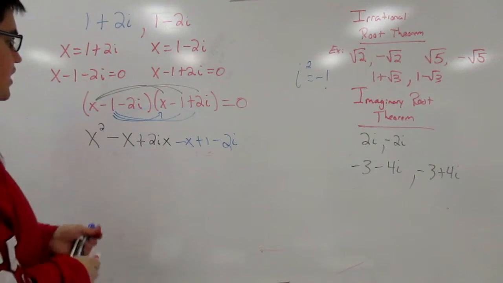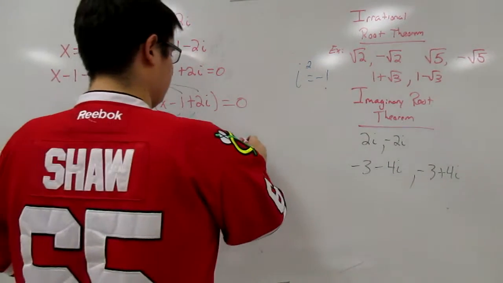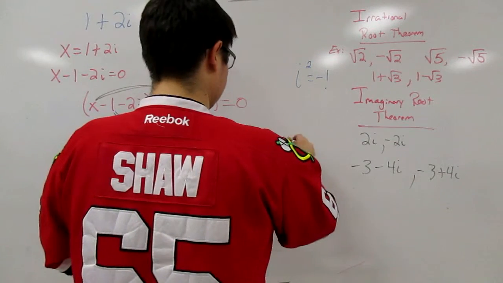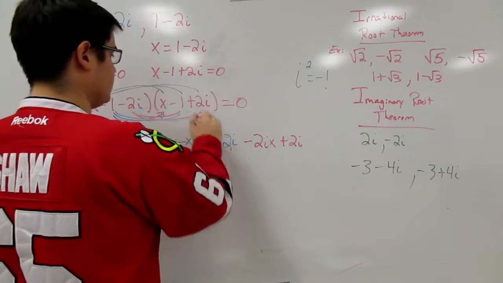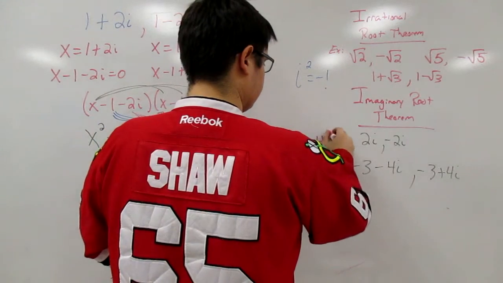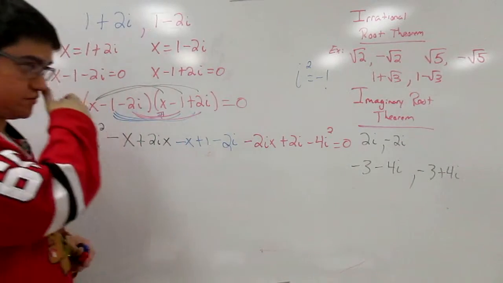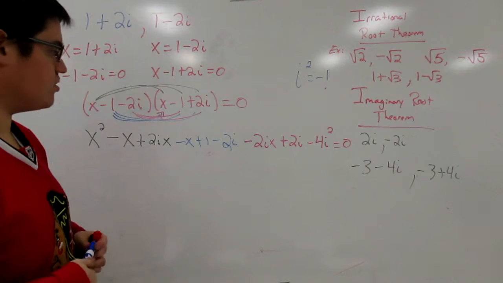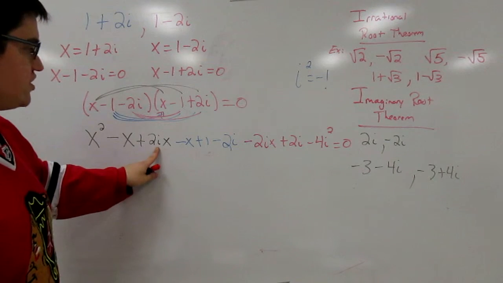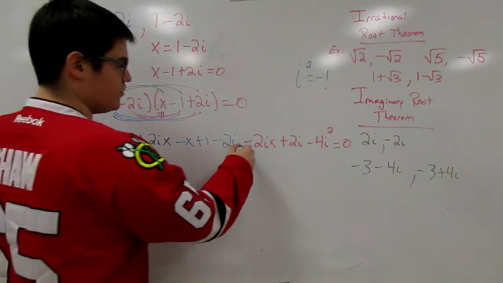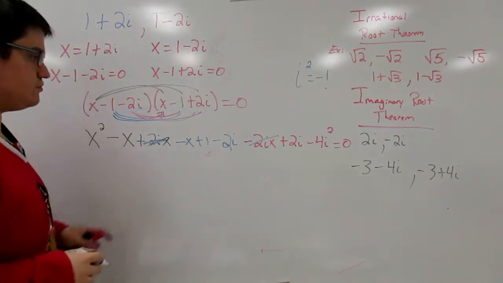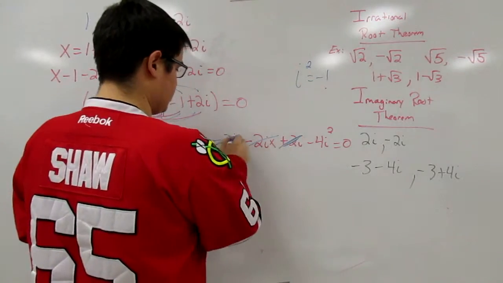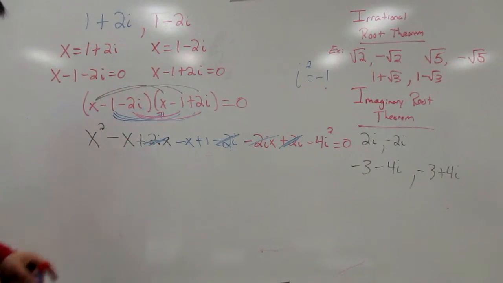And finally, minus 2ix, plus 2i, minus 4i squared. Now let's see if anything sums up to 0. I have a 2ix and a negative 2ix, and negative 2i plus 2i. Looks like that's it.